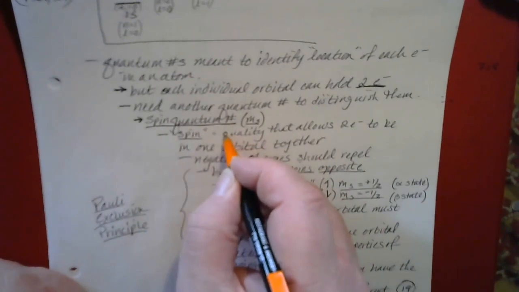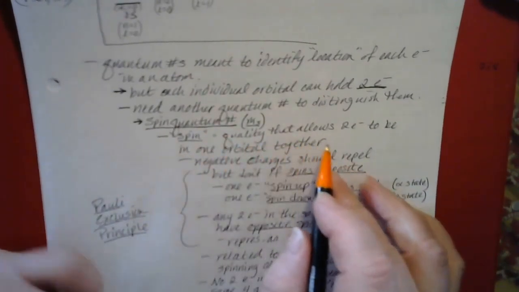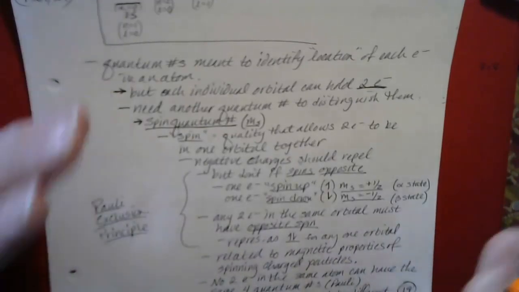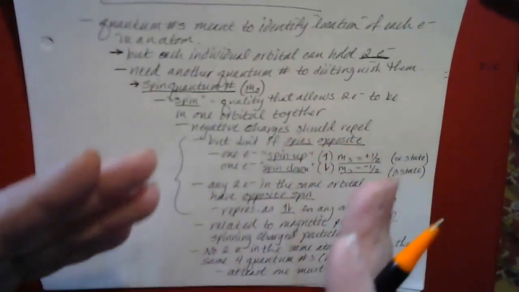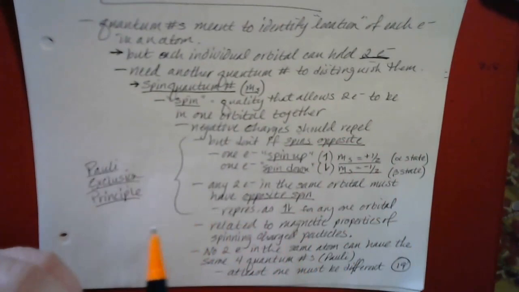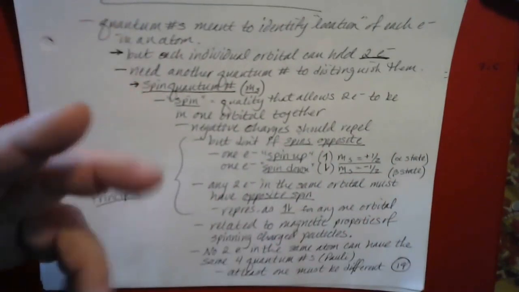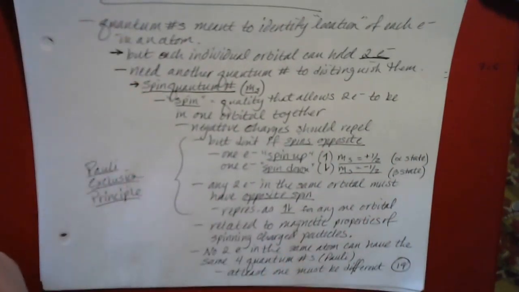And spin is considered to be a quality that basically just allows 2 electrons to be in one orbital together without repelling. Electrons are negatively charged, so you wouldn't expect to be able to get them into a small space at the same time without them repelling each other, sort of like the 2 north poles of a magnet.